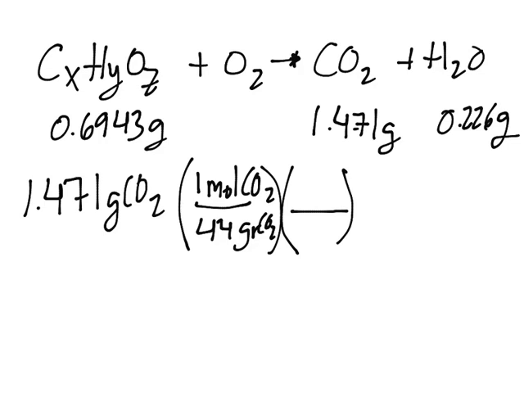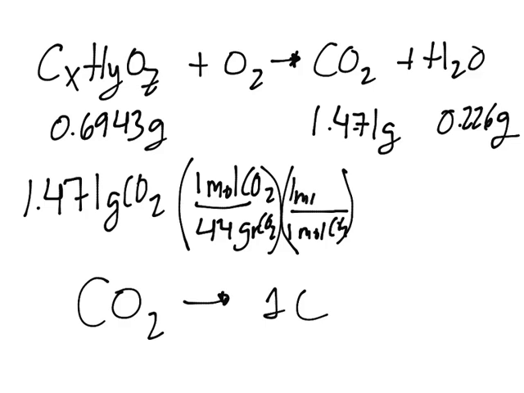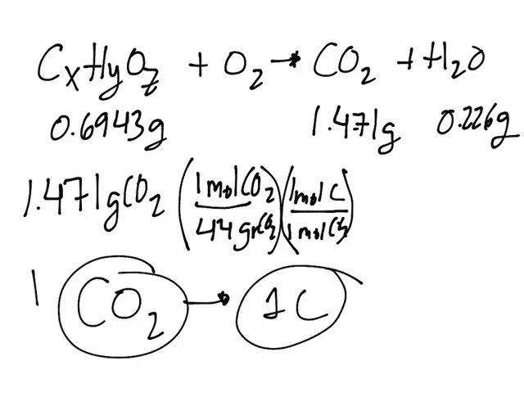Well, in CO2, there's only one atom of carbon. So we'll go from 1 mole of CO2 to 1 mole of carbon. We only have one CO2, and in that CO2 we only have one carbon.